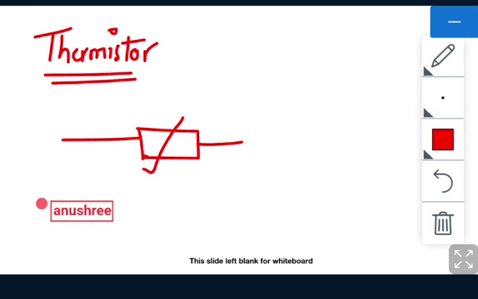But then also, what was the other thing? What about variable resistors? Yeah, so variable resistors are those resistors. So you just write it down.